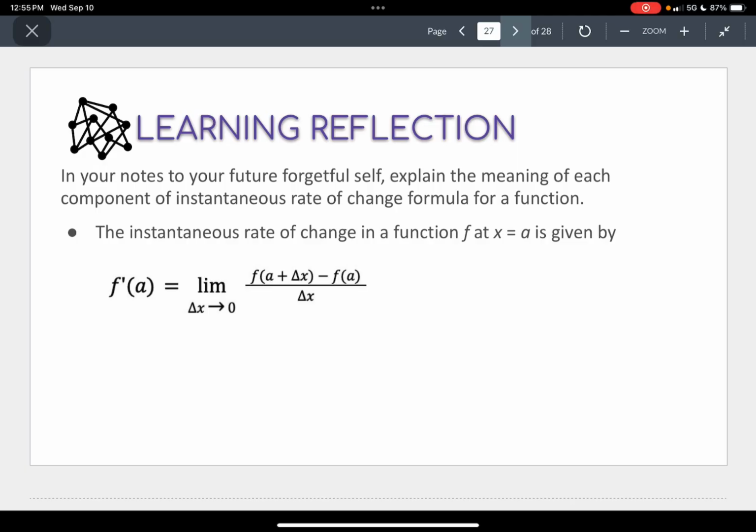So again, in your notes, record what does f prime of a mean? Remember, that represents the instantaneous rate of change in the function at x equal a. What does this limit as delta x approaches 0 mean? What does the f of a plus delta x mean? What does f of a mean? What does delta x mean? What does that overall ratio mean? And so I want you to make sense of each component.